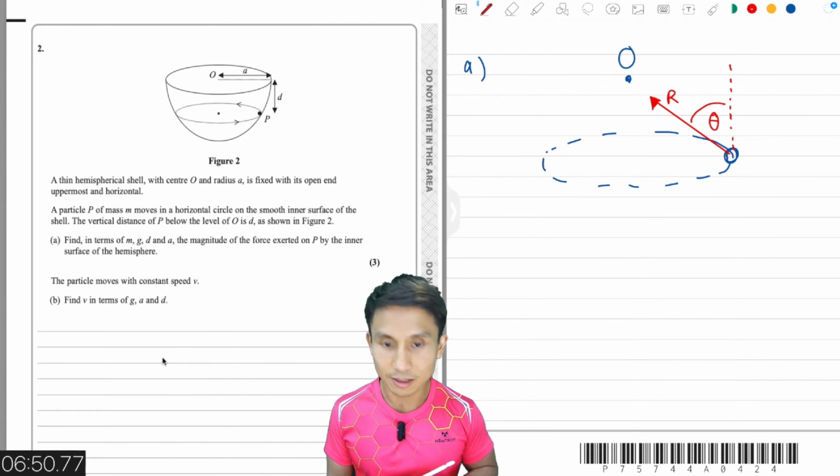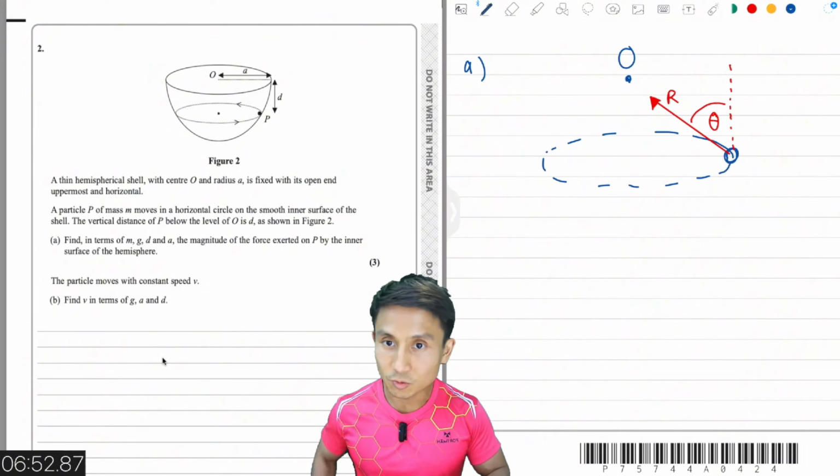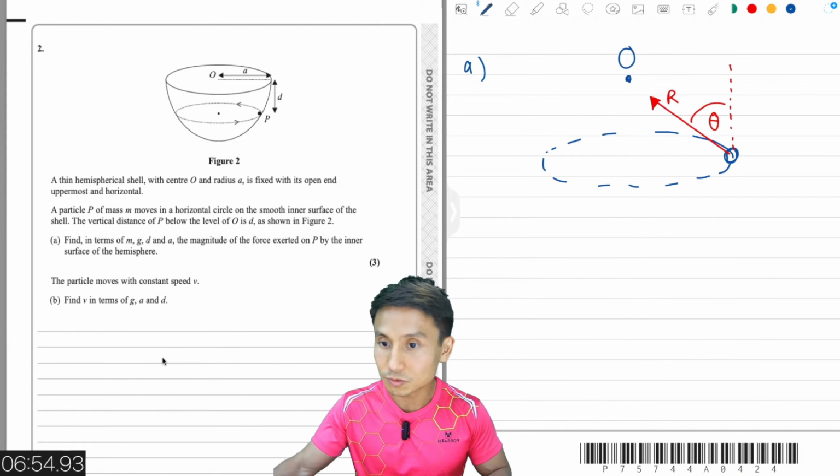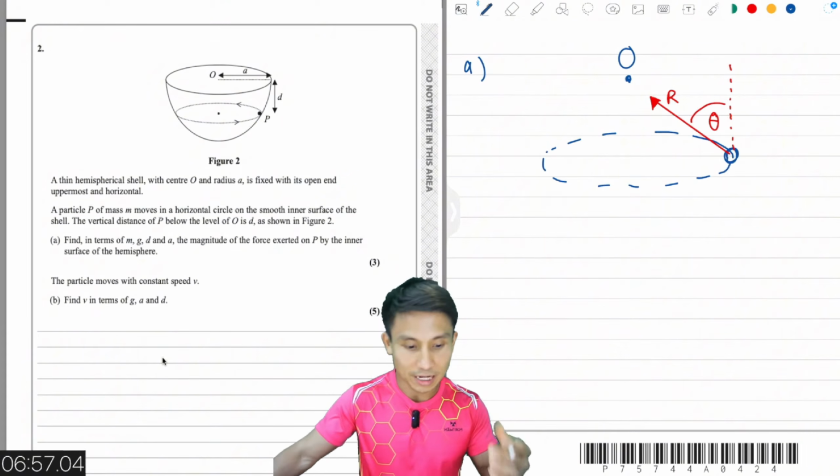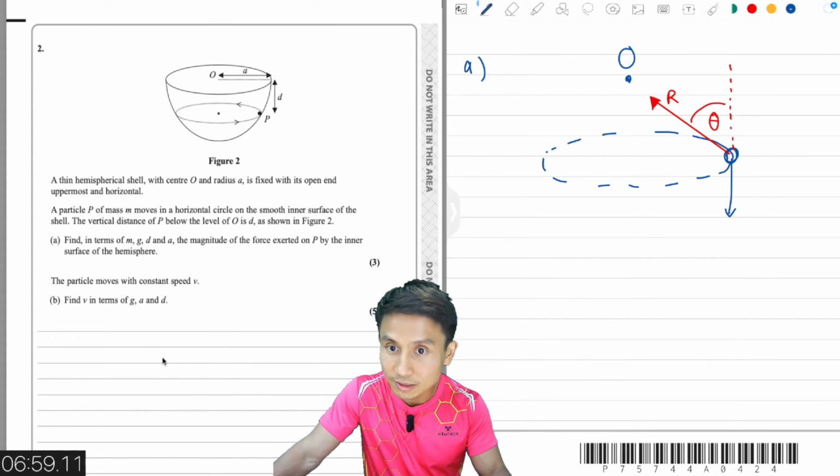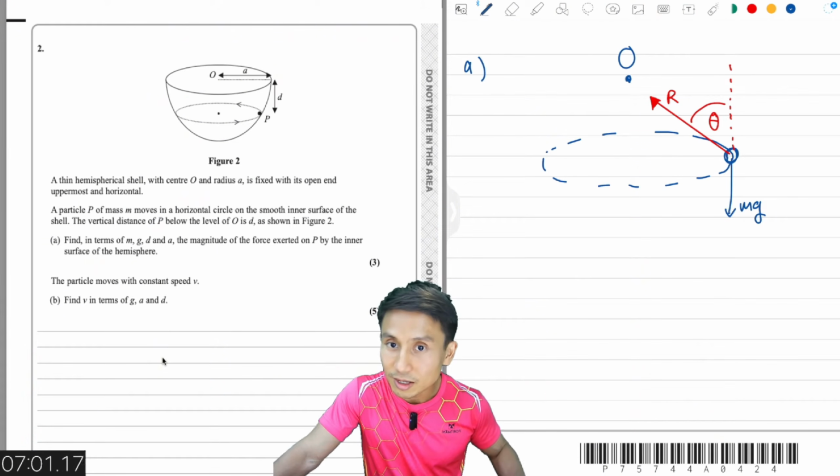Okay. And then we can do a force diagram. So this is mg. The radius of the rim there is A, and D is just below that.